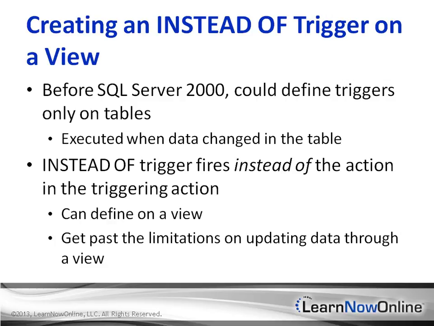An instead of trigger can support inserts, updates, and deletes that reference data in more than one table, which you can't do directly on a view. And they also enable you to code complex logic that will be applied whenever the view or table is modified. So you can present a friendly interface through a view, and behind the scenes, any updates to that simple view could be propagated to many different underlying tables.